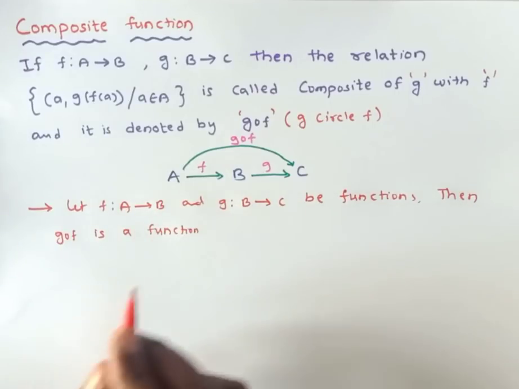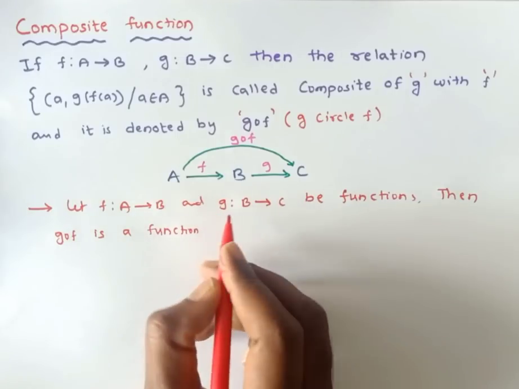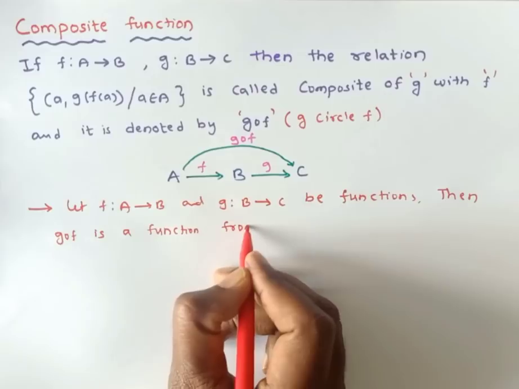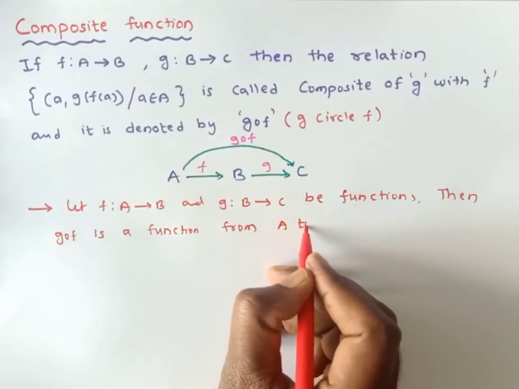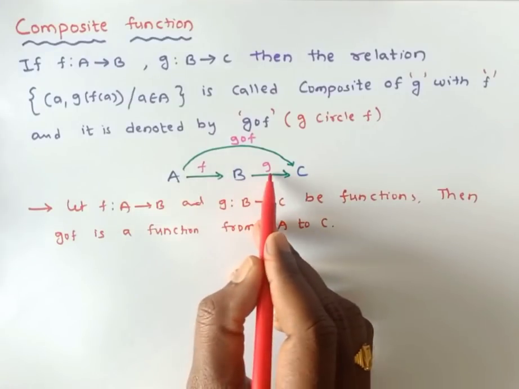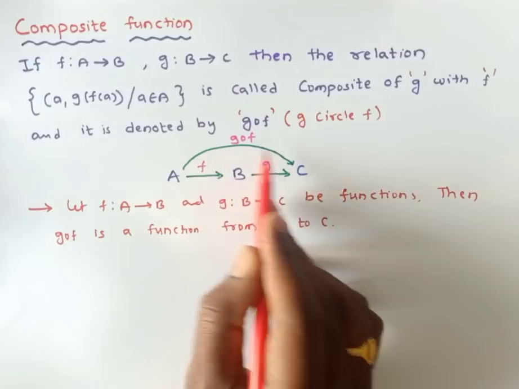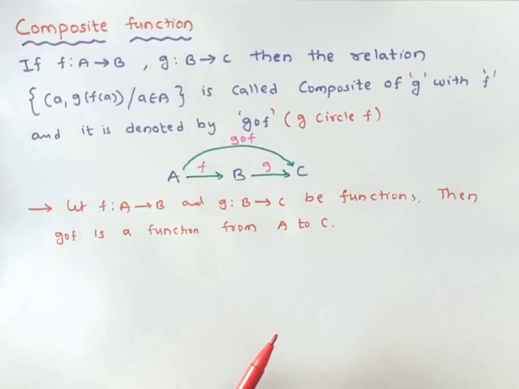If these two are functions, then g circle f is also defined, and so it is a function from a to c. So you can observe from the above figure, f is a function from a to b and g is a function from b to c, then g circle f is a function from a to c.